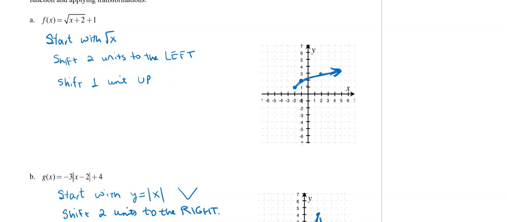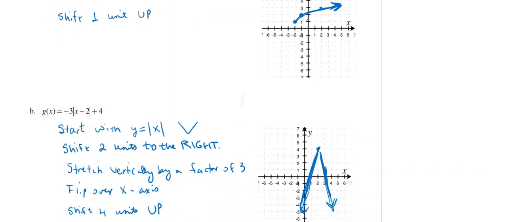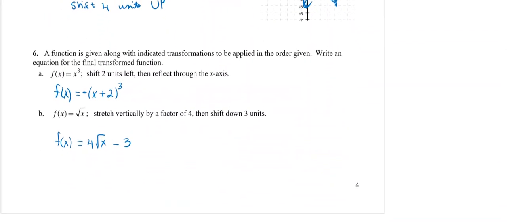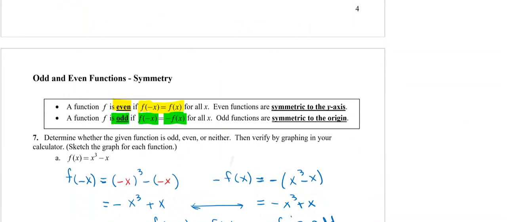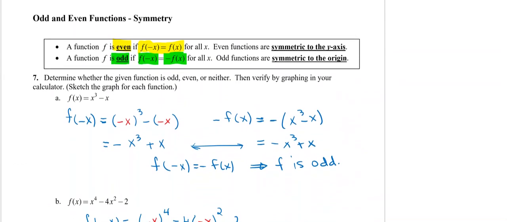What basic function do we start with, and what transformations do we apply to it to get the graph of this desired function step by step in the correct order. And finally, odd and even functions and what it means in terms of the symmetry of the graph of a function.